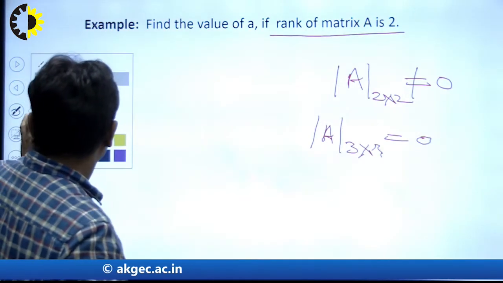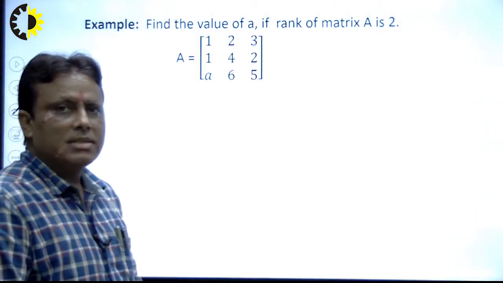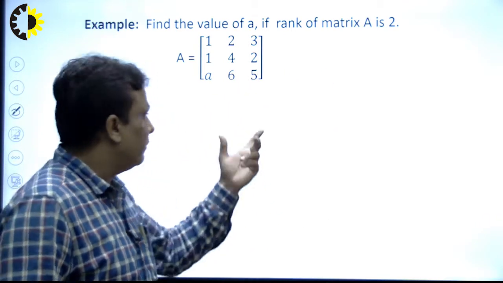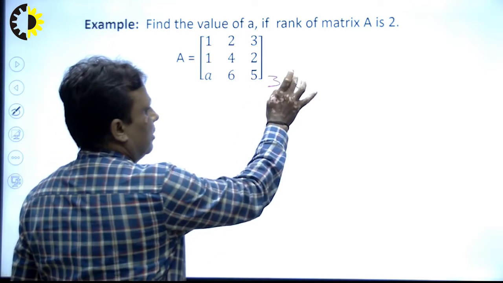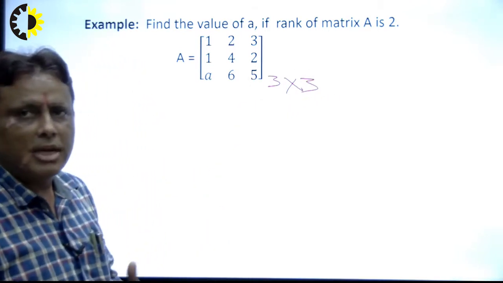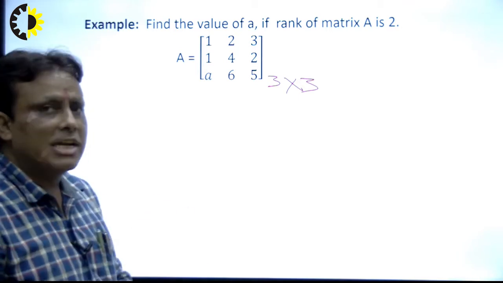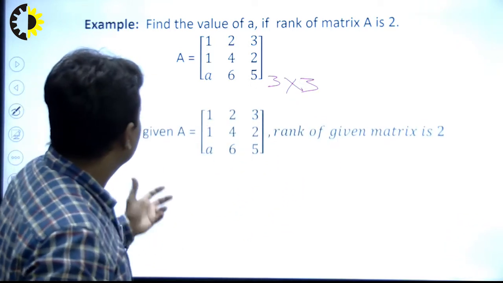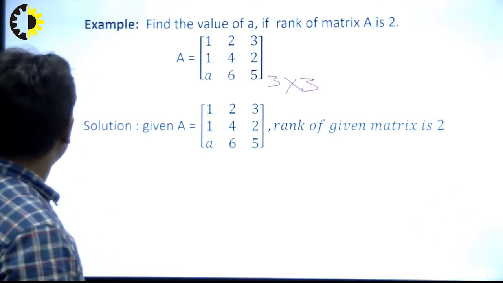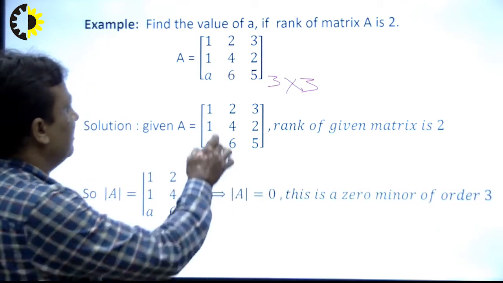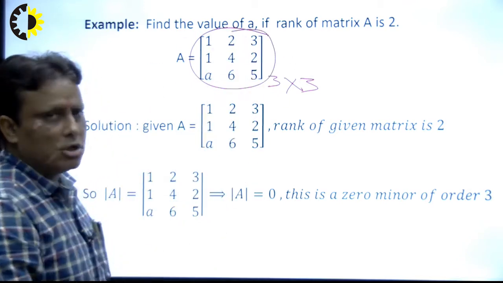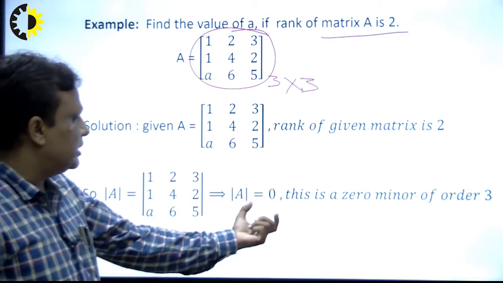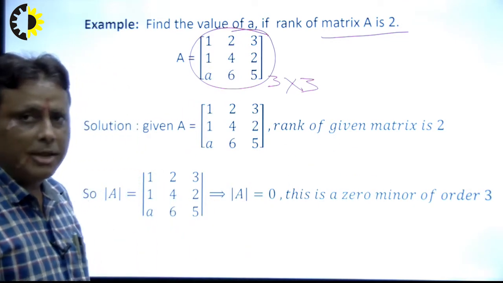Now we discuss how to solve such type of problem. The rank of this matrix is 2 and the order of this matrix is 3 by 3. So the determinant of this matrix will be 0, because the rank of this matrix is 2. This is a zero minor of order 3, because the rank is 2.